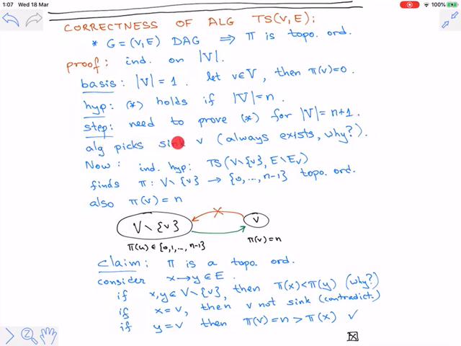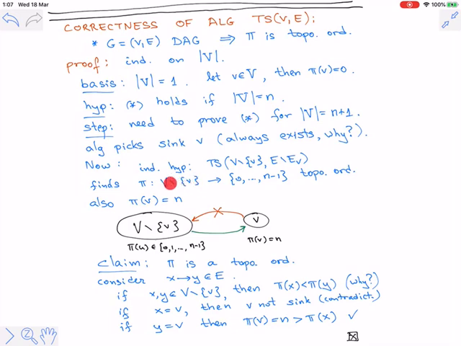The algorithm picks a sink, V, the existence of which is guaranteed because we know that every DAG contains a sink. Now, the induction hypothesis tells us that the output for the remaining graph without V and without the edges which are incident to V is a valid topological ordering of the remaining vertices.